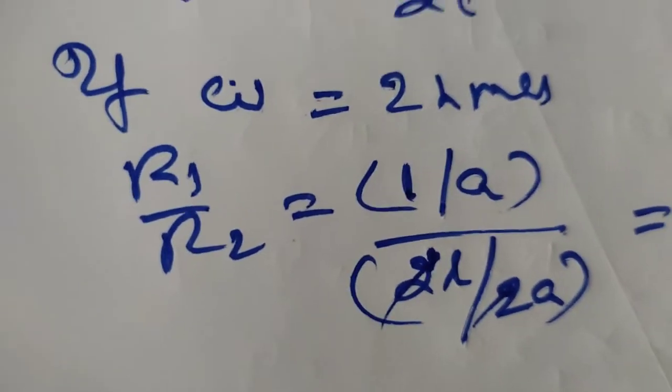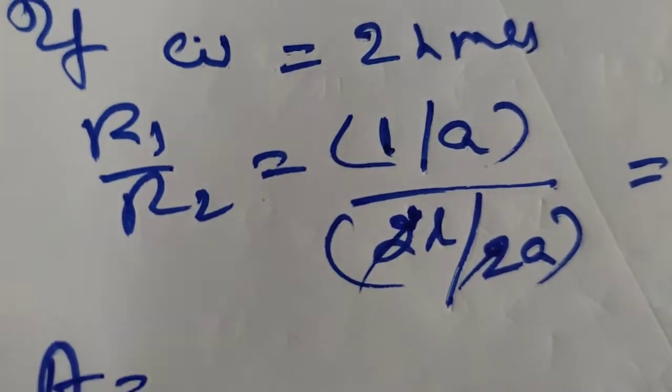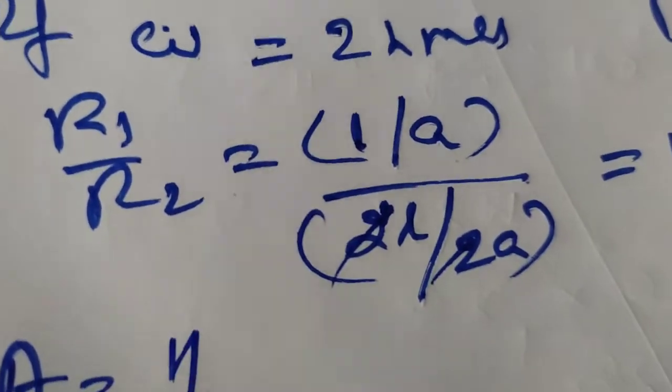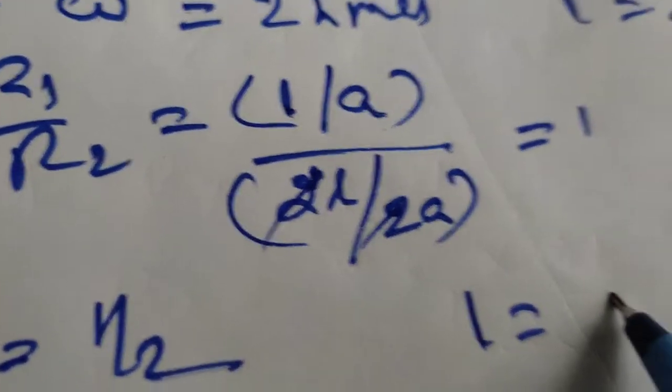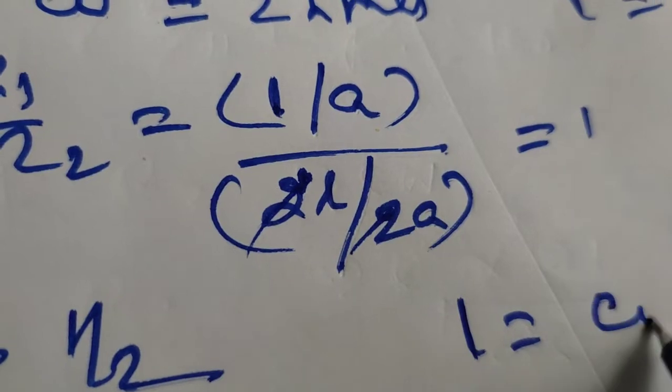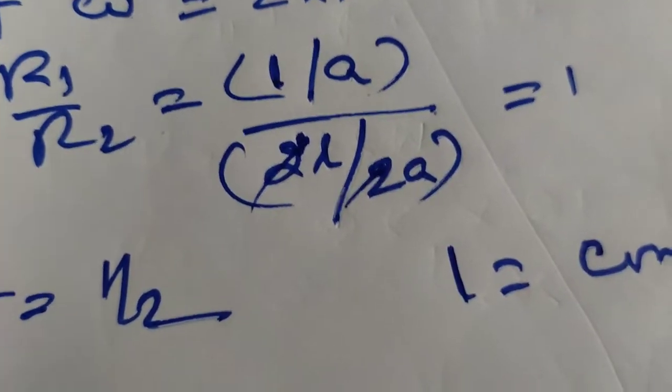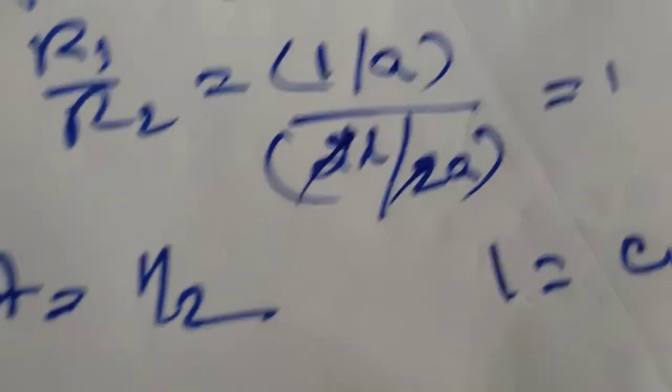Now the third case, let us see what will happen if the area is made half and the length is constant. Then R is proportional to 1 by A only.